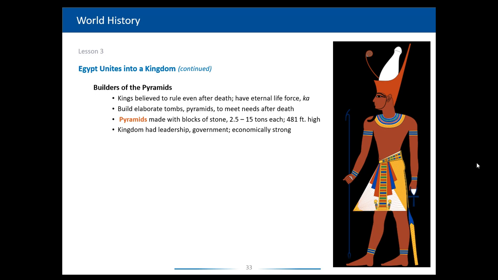These elaborate tombs are called pyramids, so that they can meet the needs of the pharaohs after death. The pyramids are made with blocks of stone, 2.5 to 15 tons each, and are 481 feet high. The kingdom had leadership, government, and was economically strong.